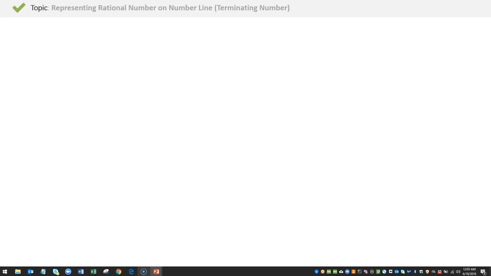Now let's talk about how you will represent a rational number on the number line. In this example, we'll take a terminating number. Represent 2.665 on the number line.